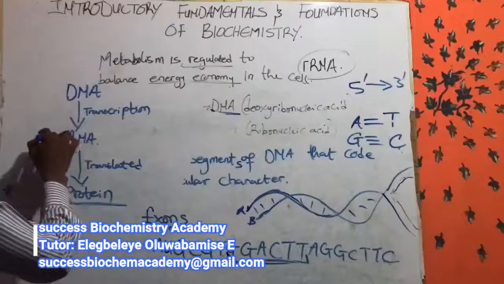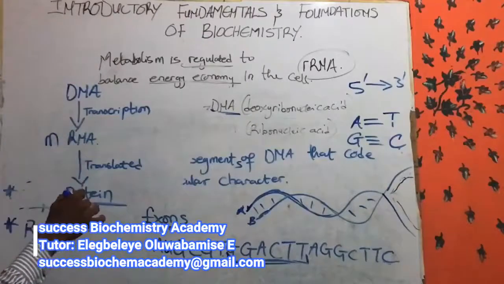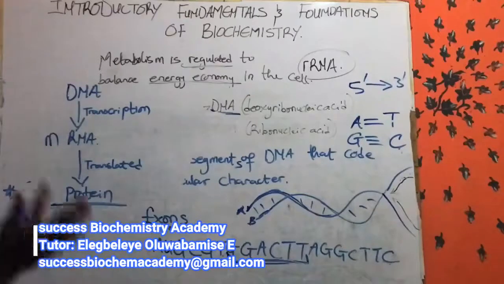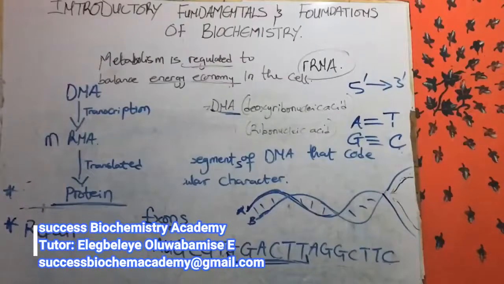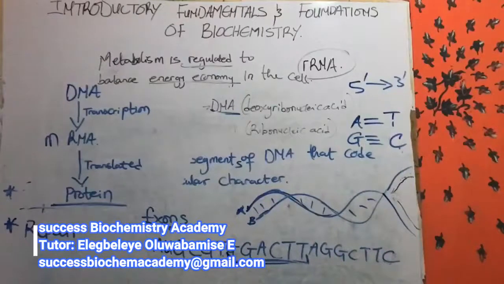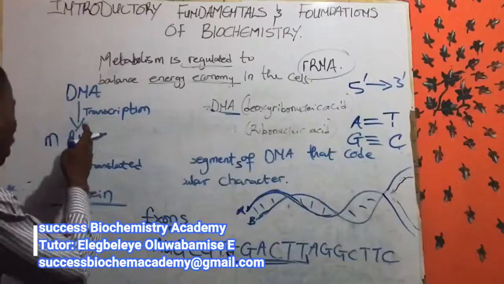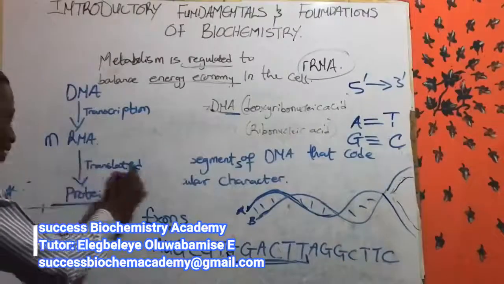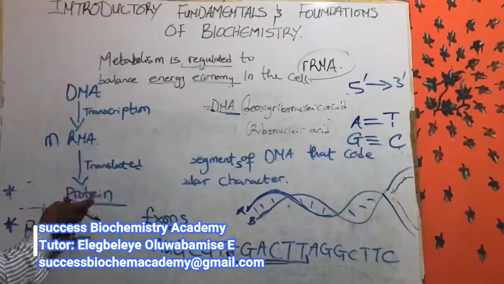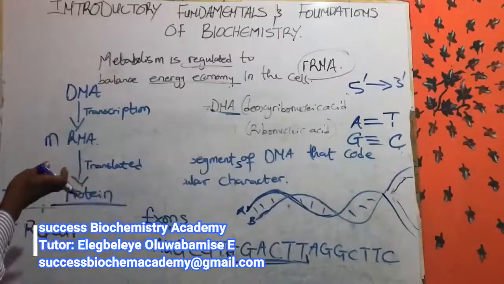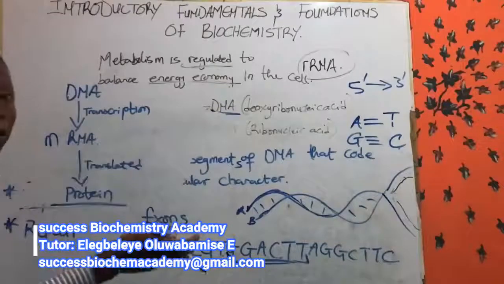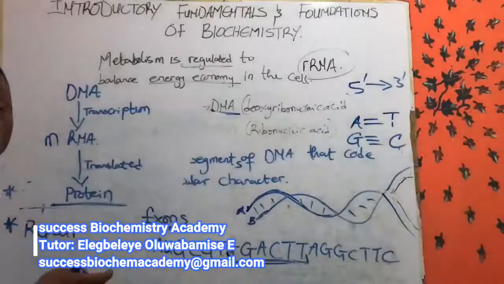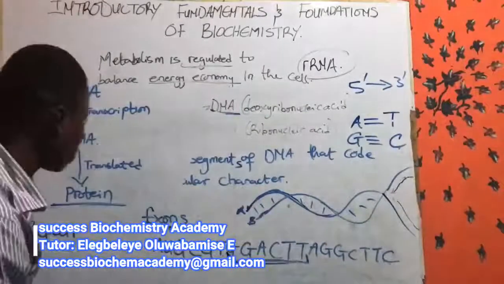And for this purpose, we are talking about the mRNA, messenger RNA, because we have three major types of RNA. We have the mRNA, which is the messenger RNA, the rRNA, the ribosomal RNA, and the tRNA. Now, the RNA is then translated to what? Protein, or the physical phenotypical character that you see an organism exhibit.